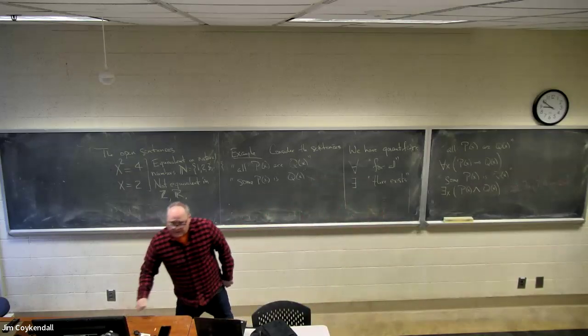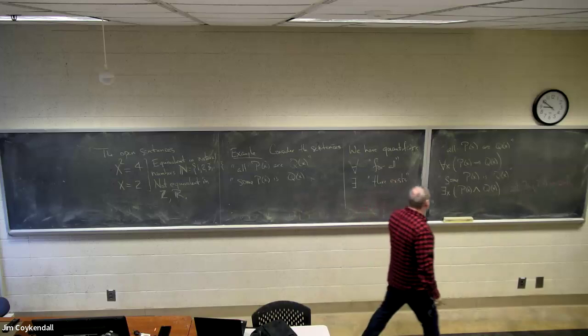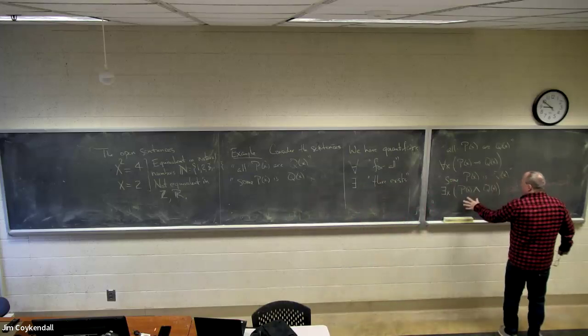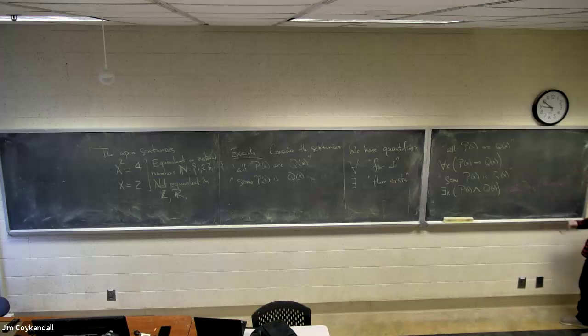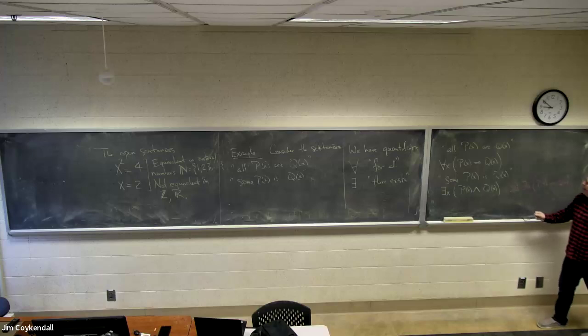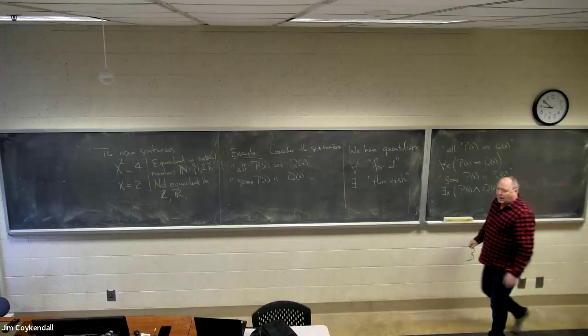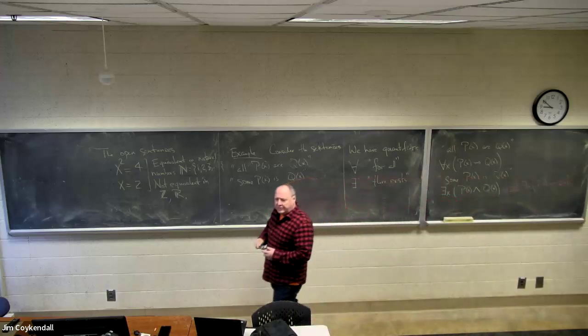So I want you all to think about why this statement is reflected by this but not this. And I'll give you a hint. Recall, if P of X is false, what is the status of the implication? It's true. So when you think about the difference between this and this, keep that in mind. Okay, how'd you take that? Any questions?